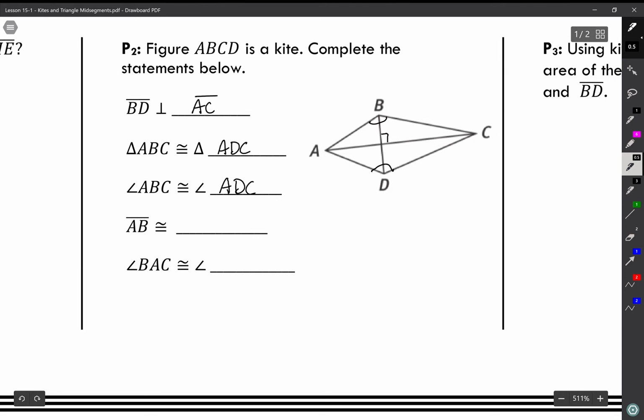AB is congruent to AD. And then finally, angle BAC, which is this angle, is congruent to angle DAC, and that is that one right there. So this just uses our properties of kites to fill out some congruent statements we have right here.